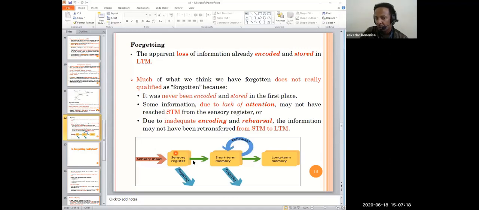We didn't encode them and send them to short-term memory. So we cannot say we forgot it; the thing or the idea must be stored in the long-term memory in the first place.